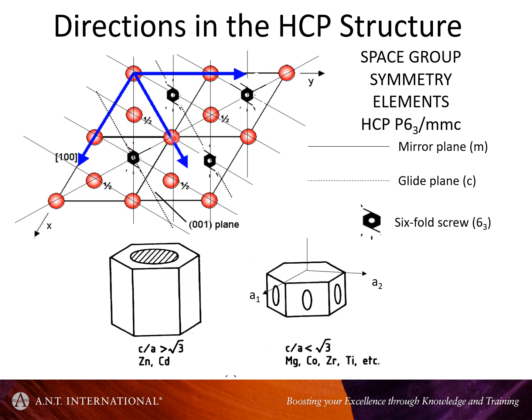So we go from this atom, we rotate 60 degrees, we move up half, we're there, we rotate 60 degrees, we move up half, and then we go from an A layer to a B layer and back to an A layer again. B layer, A layer, B layer, A layer.